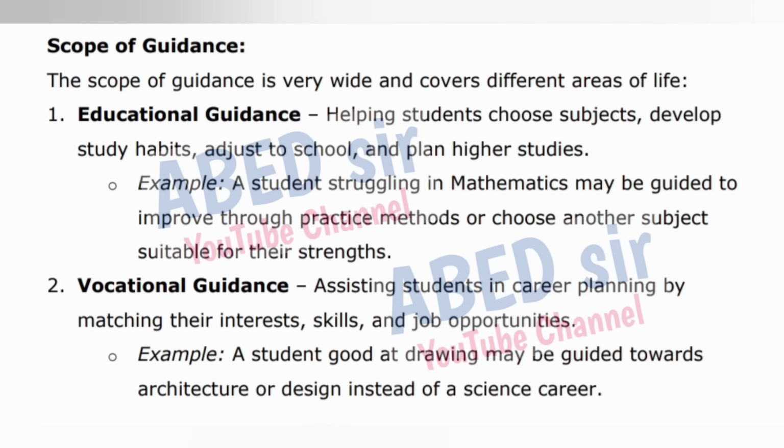Example, a student struggling in mathematics may be guided to improve through practice methods or choose another subject suitable for their strengths. 2. Vocational guidance, assisting students in career planning by matching their interests, skills, and job opportunities. Example, a student good at drawing may be guided towards architecture or design instead of a science career.